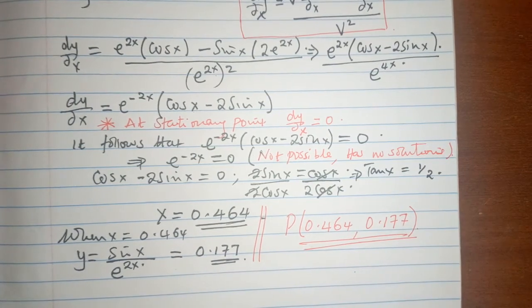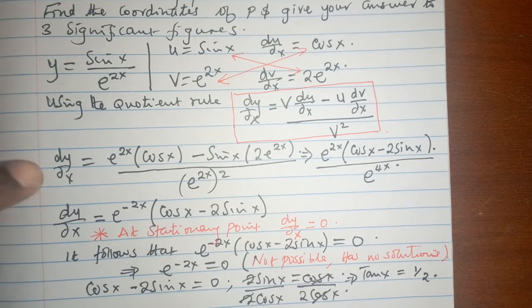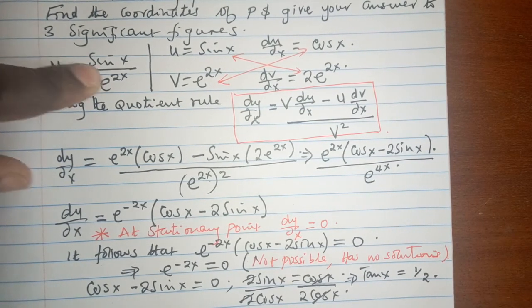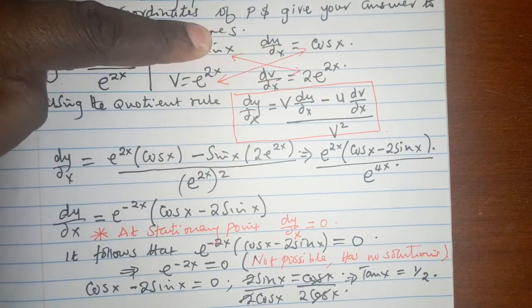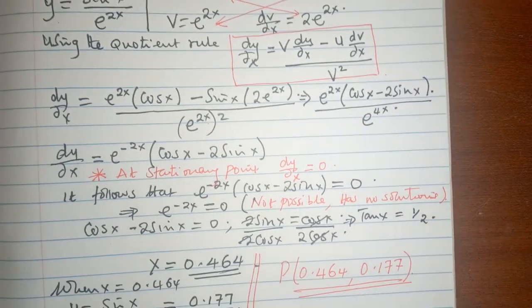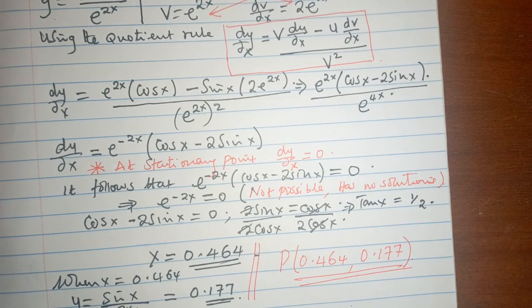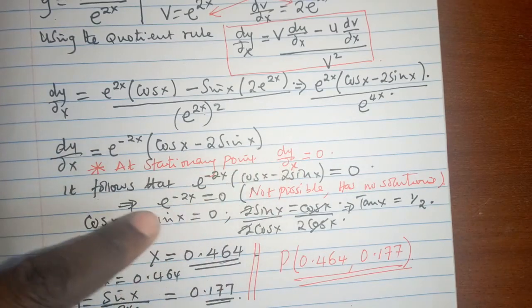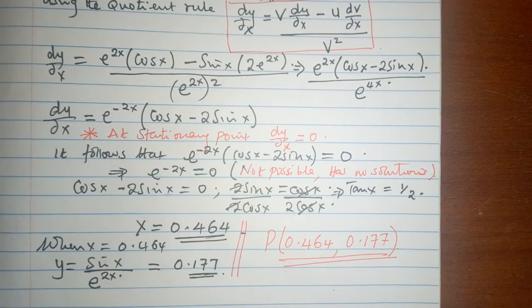The very initial step is the derivative of this fraction using the quotient rule. Also remember that at the stationary point, the derivative dy dx is always equal to 0. Everything else will fit into place.